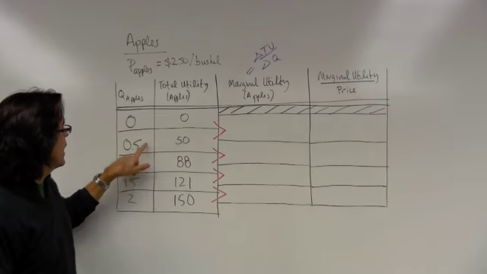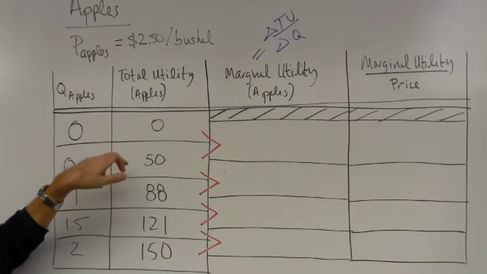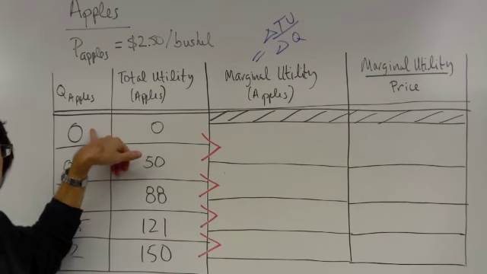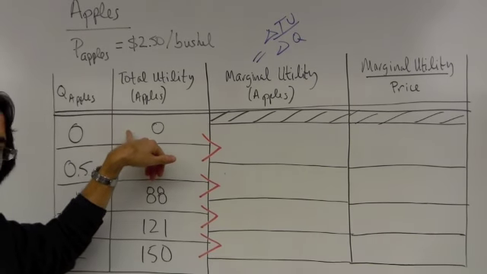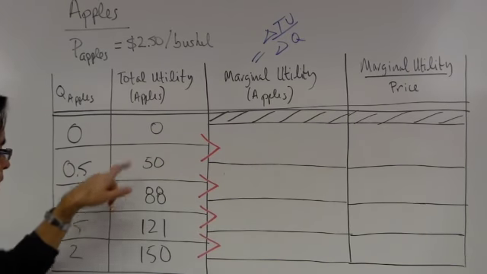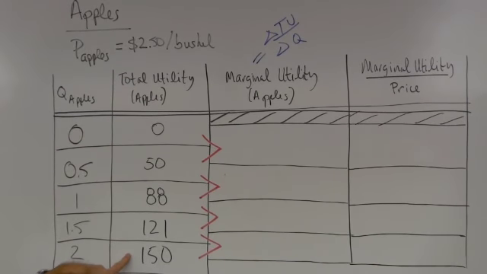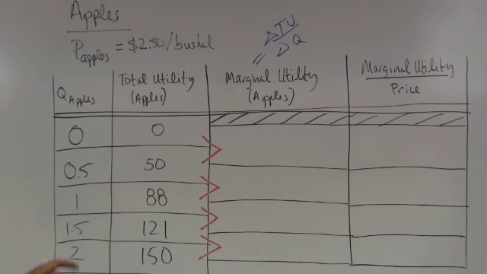For each of those amounts, we have a measure of total utility. If we consume no apples, we have 0 utility. Half a bushel, we have 50 units of utility, and so on. You notice total utility is going up as we increase our consumption of bushels of apples.